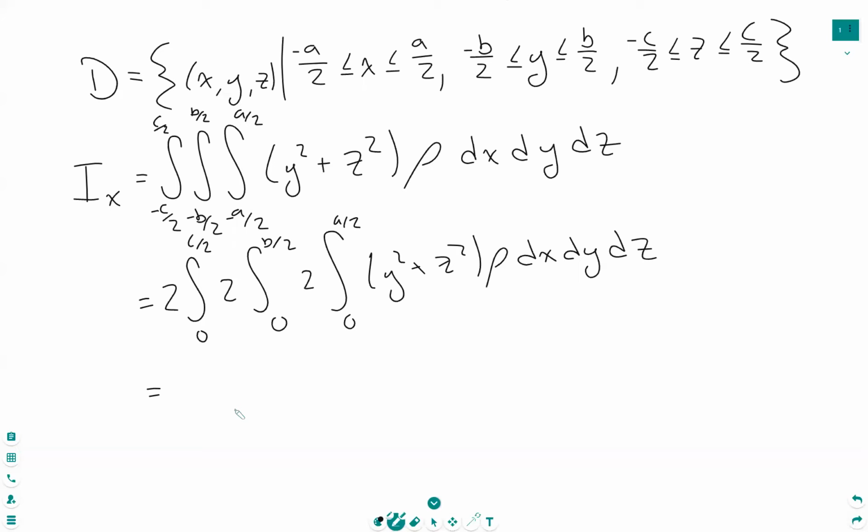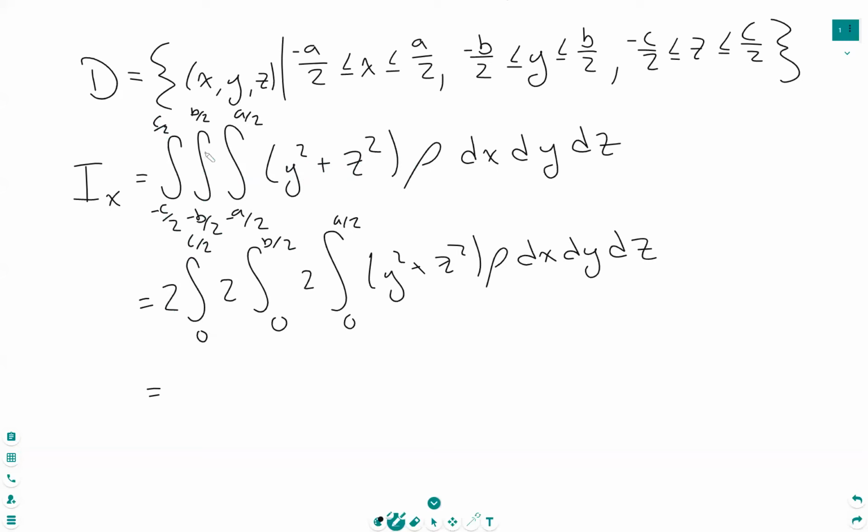What is my thought process behind that step? The fact that this is an even integral means that if I reflect it across the y-axis, it's the same. If I reflect it across the z-axis, it's the same. Or if I reflect it across the x-axis, it's the same. So instead of going from negative c over 2 to c over 2, I'm just going to take double from 0 to c over 2.